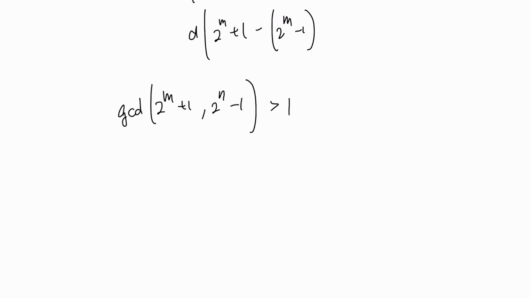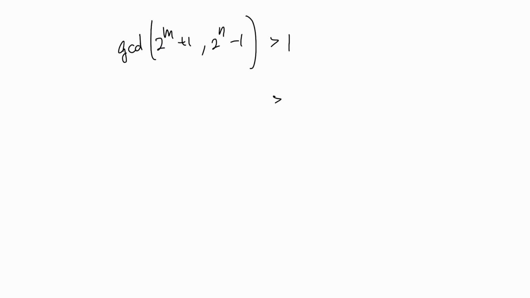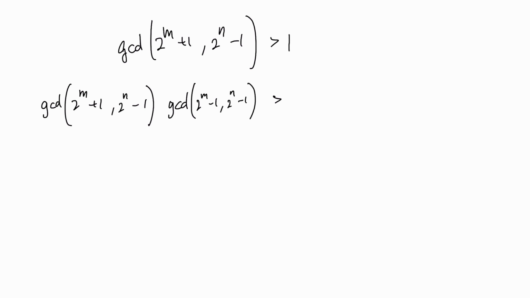Now, we want to multiply the left side by 2^m - 1, so we get the GCD of 2^(2m) - 1 and 2^n - 1 on the left-hand side, and the right-hand side would, of course, be the GCD of 2^m - 1 and 2^n - 1. Because GCD is always positive, we don't have to worry about the sign of the inequality.